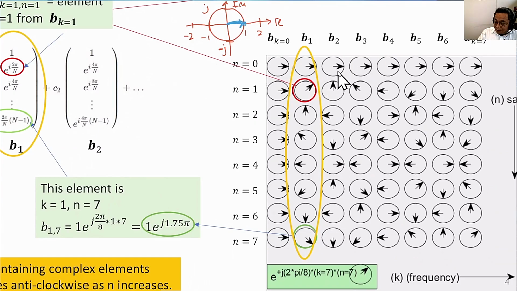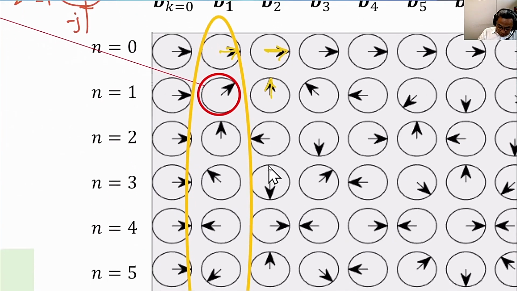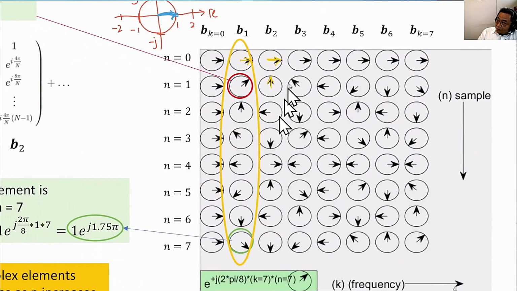B2, you will realize that it is moving faster than B1, twice as fast. From here, it was the same, but here it actually moves twice as fast. It takes 1 sample, it already moved 90 degrees. Another sample, another 90 degrees. Because it moves twice as fast, it will complete 2 complete cycles in N samples.